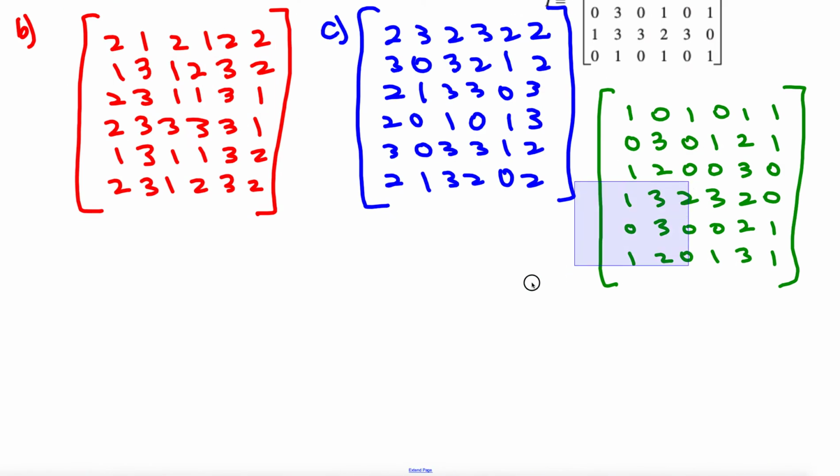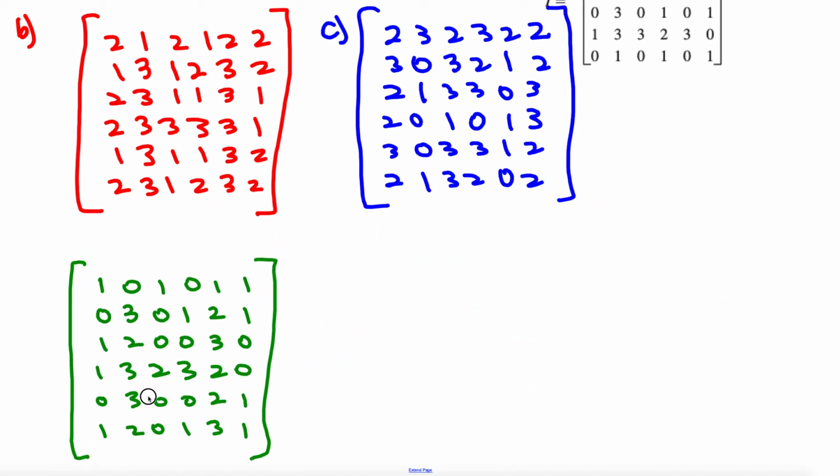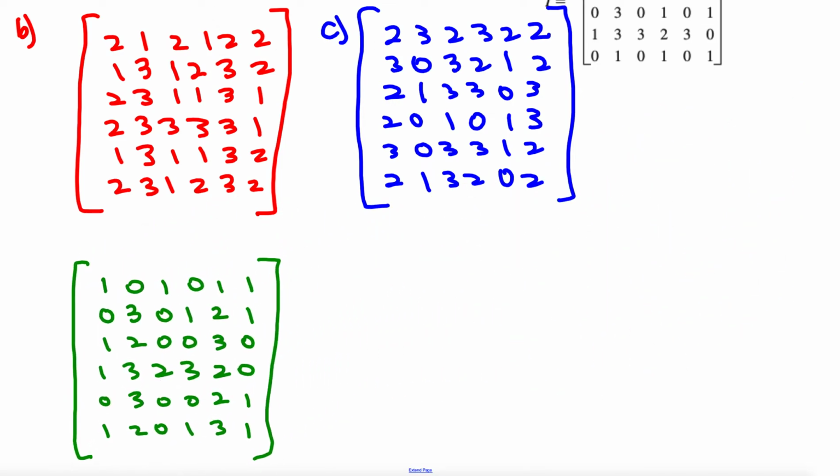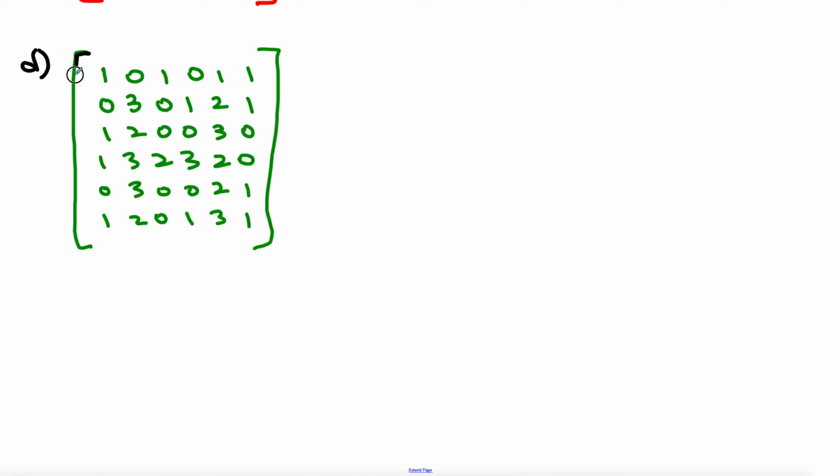So that means now I'm going to try to redo that over here. I'm going to use the black ink. So I'm going to call that D. So 0 and 3 stay as they are, but 1 becomes 0, and then 2 becomes 3.